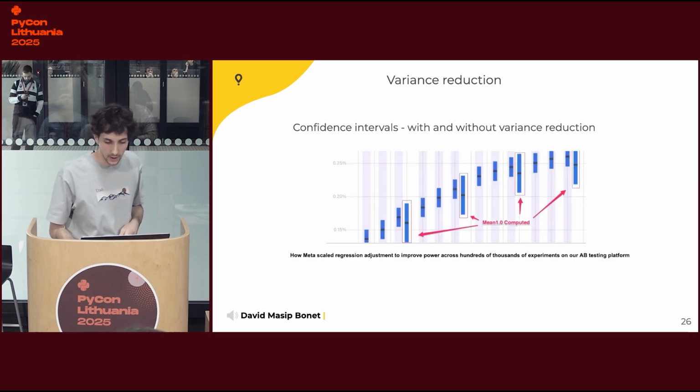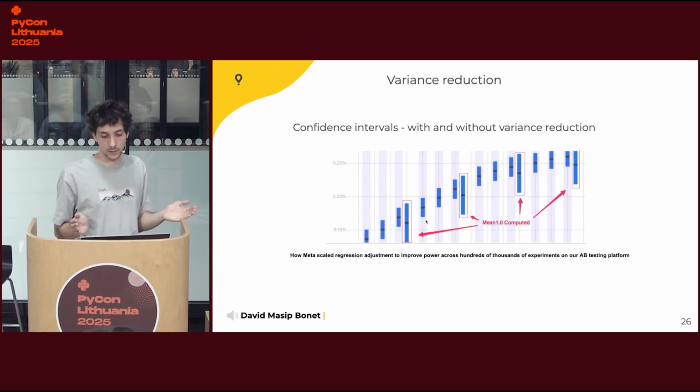And this is a blog post from Facebook, from Meta, sorry, where they showed how their confidence intervals look whenever they apply variance reduction or not. And you see very big confidence intervals when they don't apply variance reduction, and smaller confidence intervals when they apply variance reduction. And typically, a small confidence interval means a low MDE.